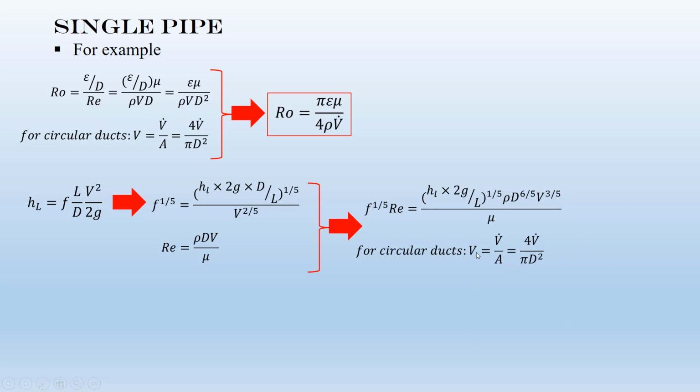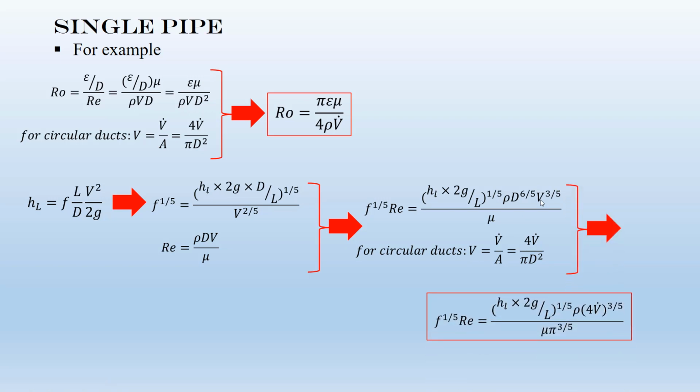If we substitute for the velocity from this equation into this equation, you will see that the final product is independent of the velocity and diameter. Look, the final product just depends on the hL, length, density, volumetric flow rate, and viscosity.